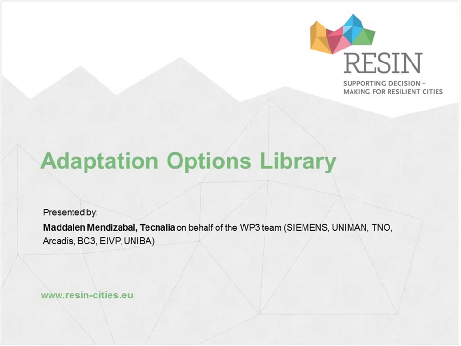I'm going to present a little bit what is the Adaptation Option Library we are developing in the RESIN project, in which Technalia is the main leader of this task, but a lot of partners from the consortium are also involved. Siemens is developing the web-based library with all the functionality you are going to see in the following minutes.